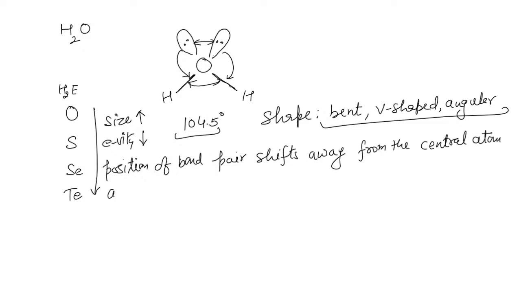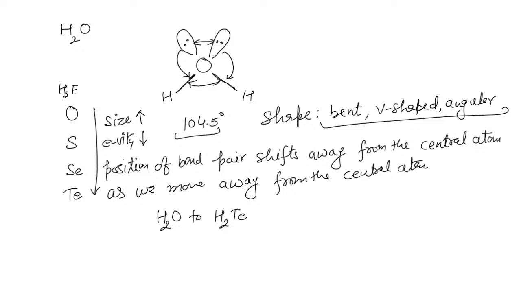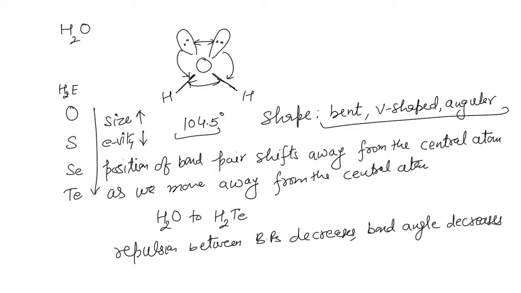As we move from H2O to H2E, the bond pairs move away from the central atom, and therefore repulsion between the bond pairs decreases, and that's why the bond angle decreases.